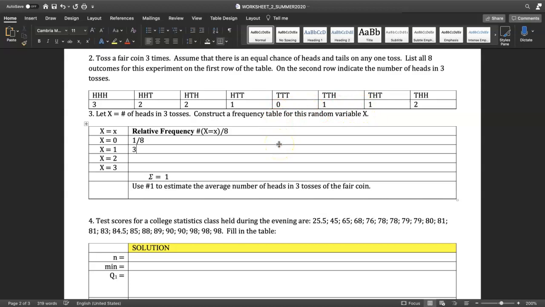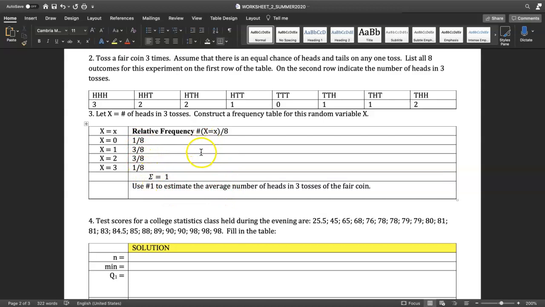So the relative frequency would be 3 over 8. And for 2, it would also be 3 over 8. And the last one represents x equal to 3. Yeah, we get all heads. There's only one of those, so that's 1/8 as well. Okay, notice that the relative frequencies add up to 1.